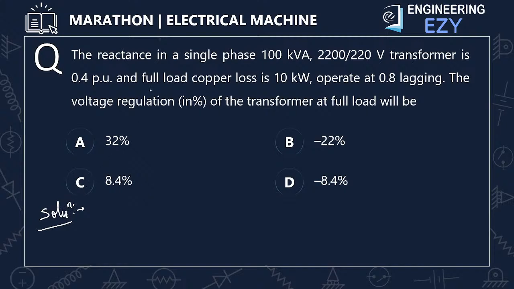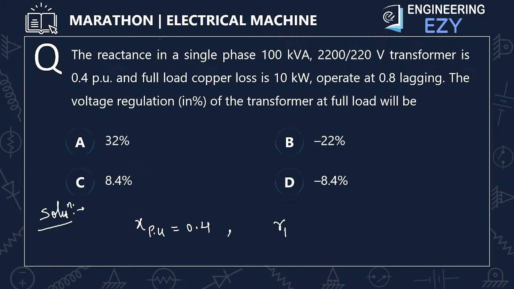So in this question, X per unit, reactance per unit, is given as 0.4. And if the copper loss and the rated kVA are given, we can calculate the R per unit.